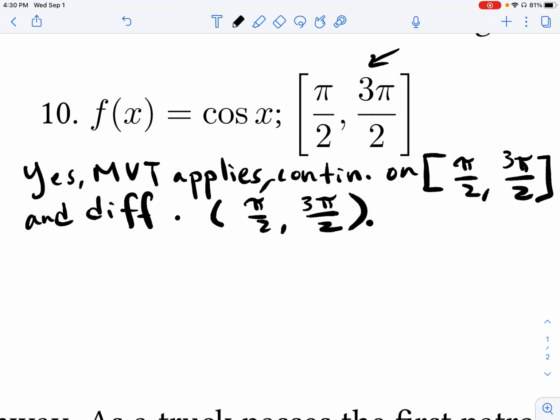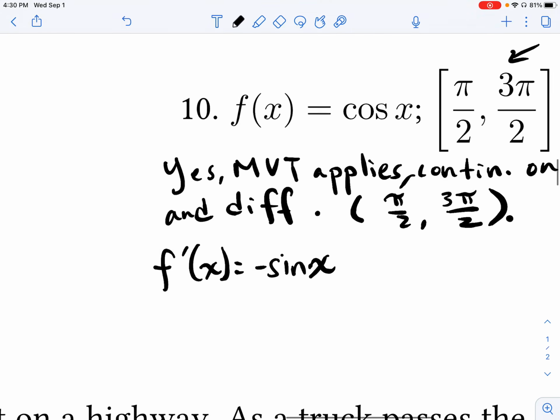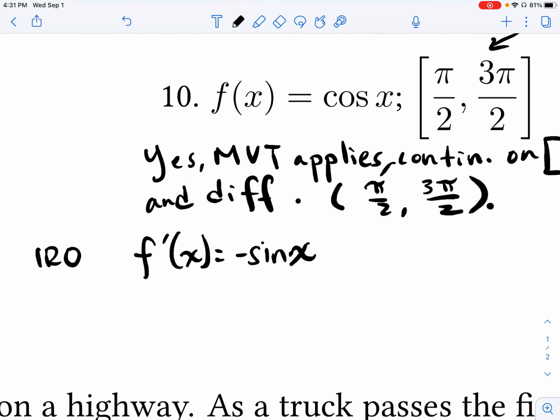Okay, so let's find the derivative of cosine. F prime of x is equal to negative sine of x. Okay, so this is our instantaneous rate of change. This is the function that gives us the slope of our tangent line.